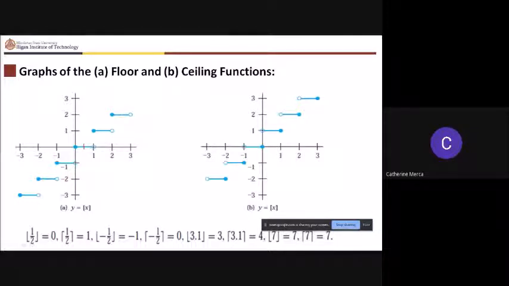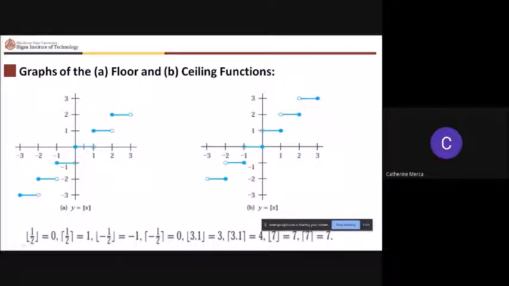Pero ang integer value niya, so you have your 0. How about the ceiling function of 1/2? Kung nakadiri ang 1/2 nimo, ang pinakadako na value niya na dili molapas sa 1/2 is 1. Pinakamadako na integer. So that's why you have this value here.